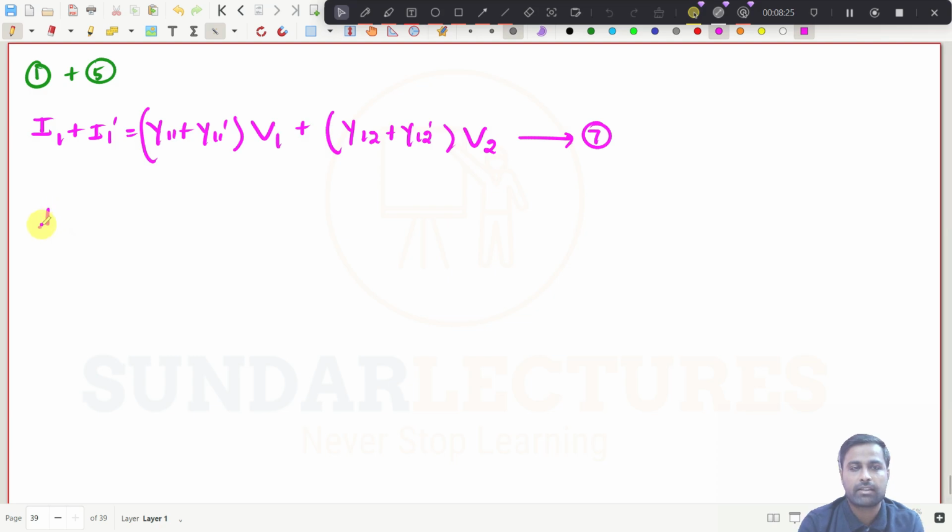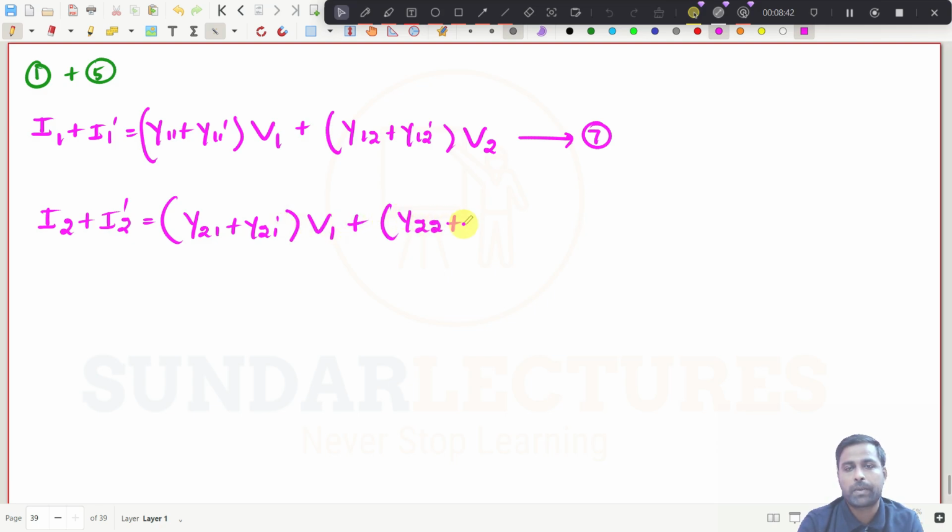And then I2 plus I2 dash is equal to (Y21 plus Y21 dash) into V1 plus (Y22 plus Y22 dash) into V2, and this is equation number 8. See this one, this is the final expression.